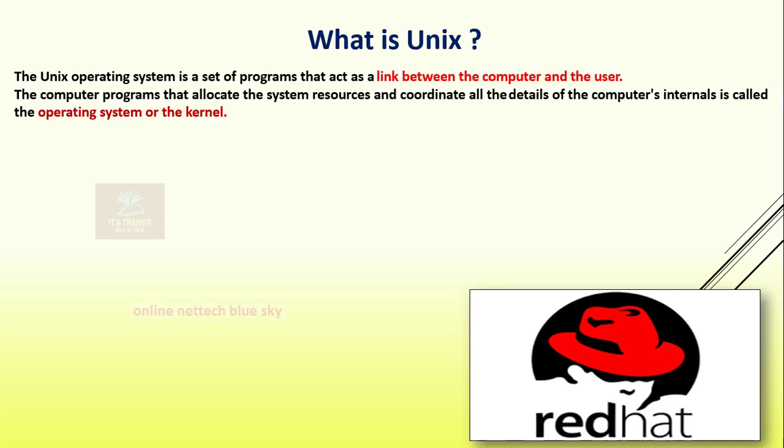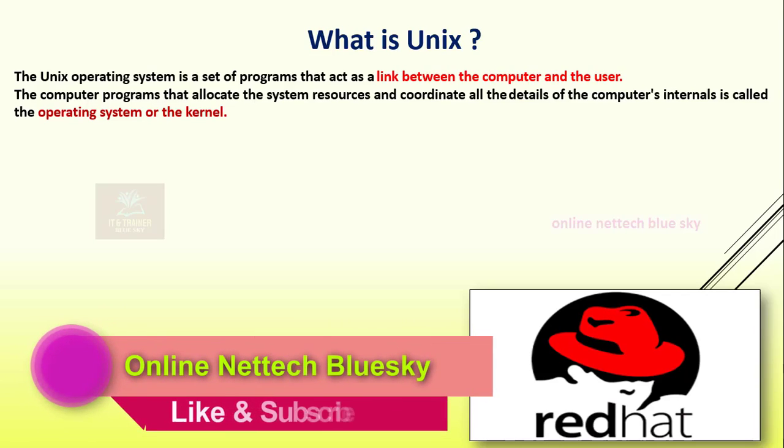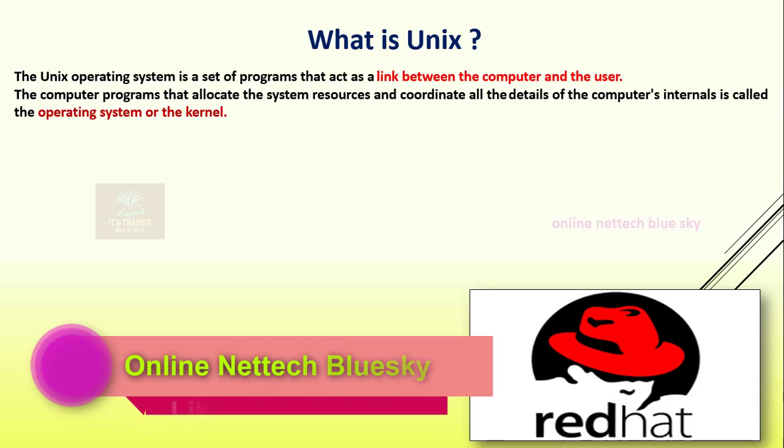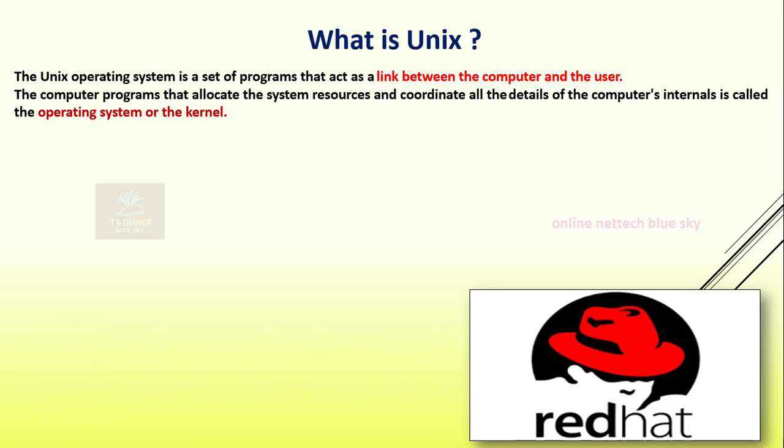So all the details of the computer's internals are called the operating system, or the kernel. It is how you use computers. The internal part is called the operating system, or you can call it the kernel.